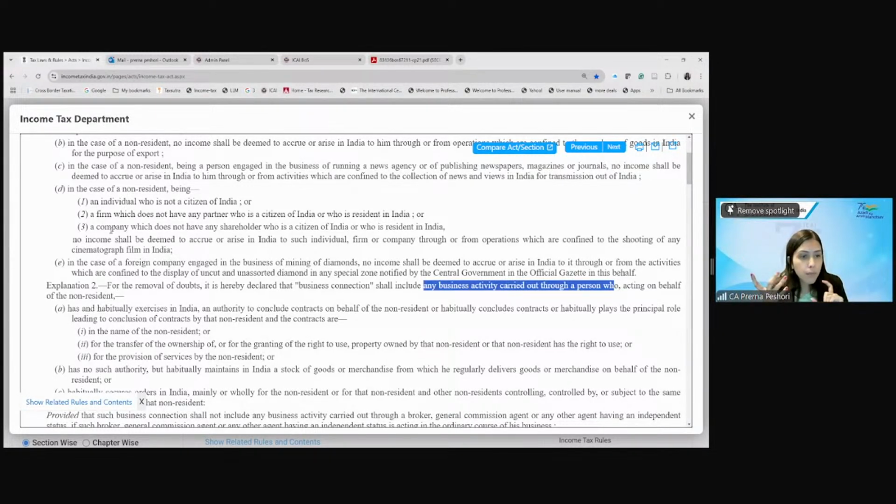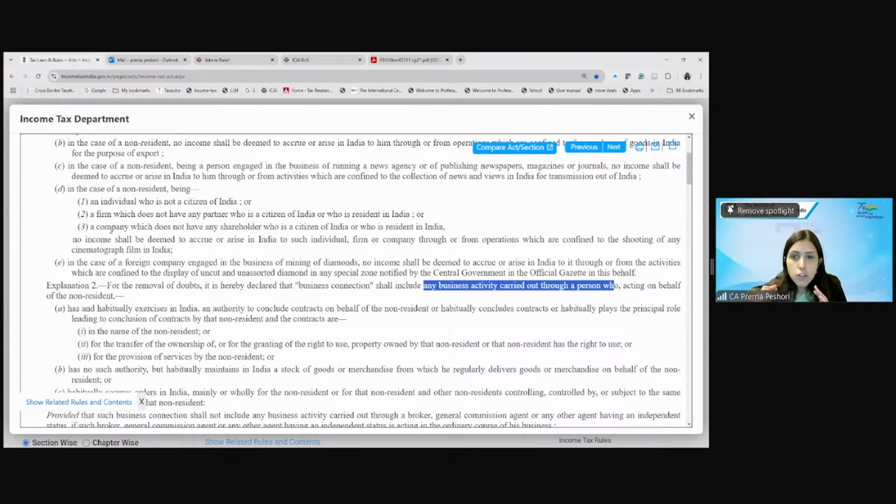So if you remember, there was this concept that any act done by the agent is considered as if done by the principal himself. So the acts of the agent bind the principal. In Latin, it is called qui facit per alium facit per se, which means any act done through the agent is considered as if done by the principal.